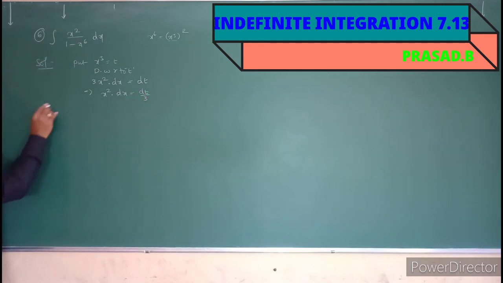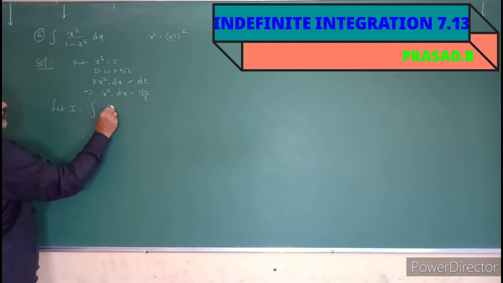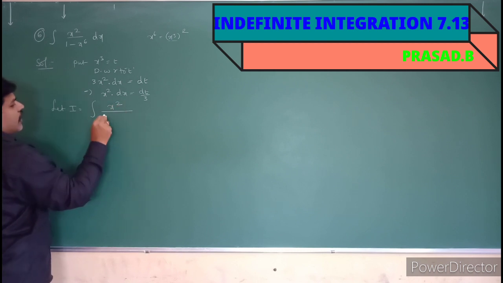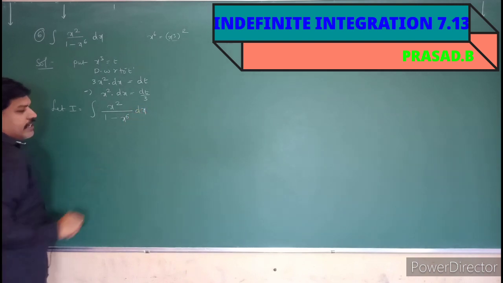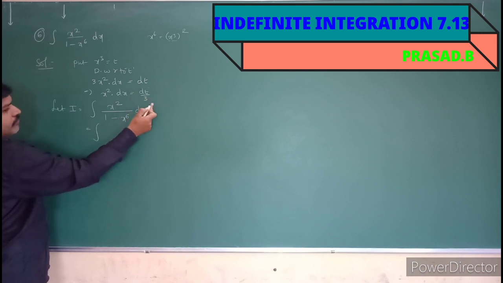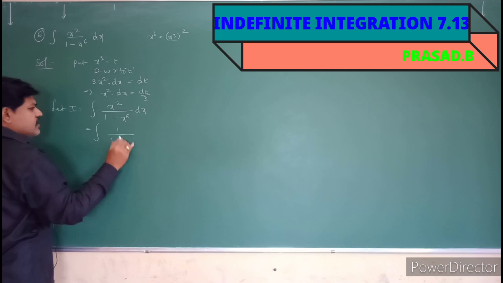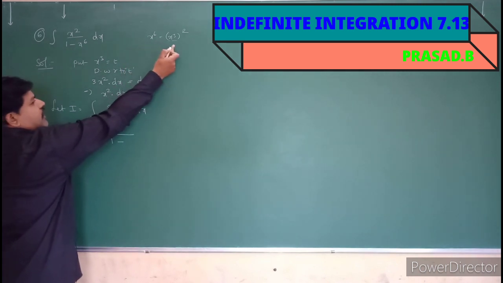So take the problem. Let I is equal to integral of x square by 1 minus x power 6 into dx. That is equal to integral of x square into dx, whose value is dt by 3, and 1 by 1 minus x power 6, which can be written as x cube whole square.